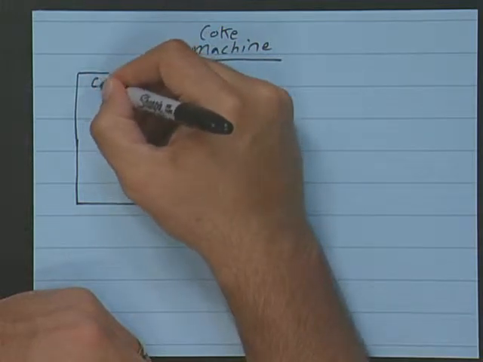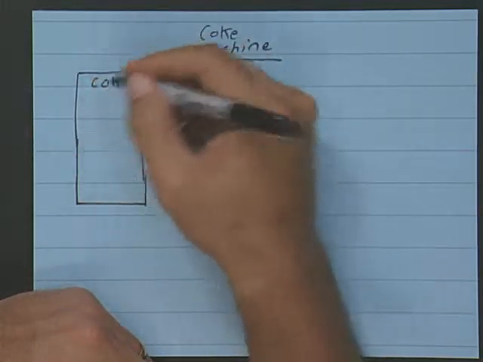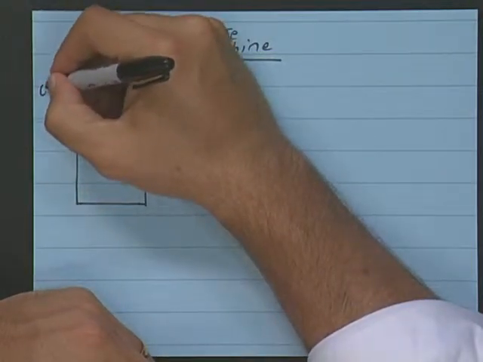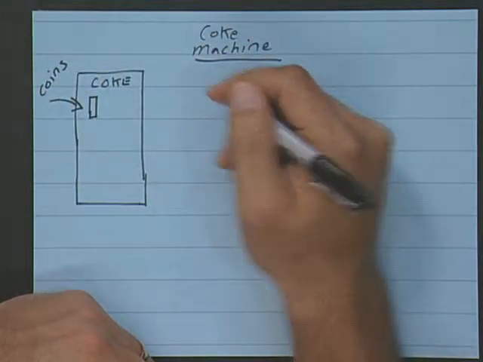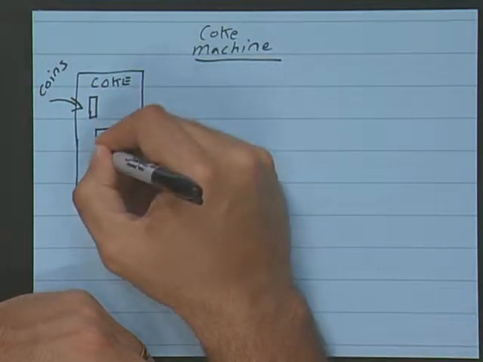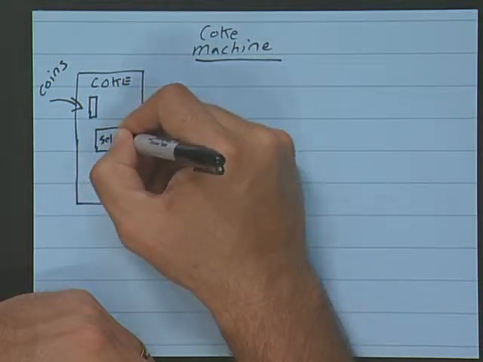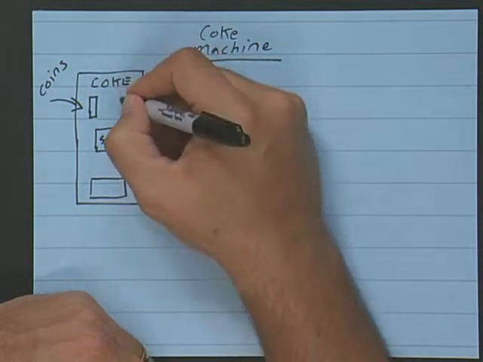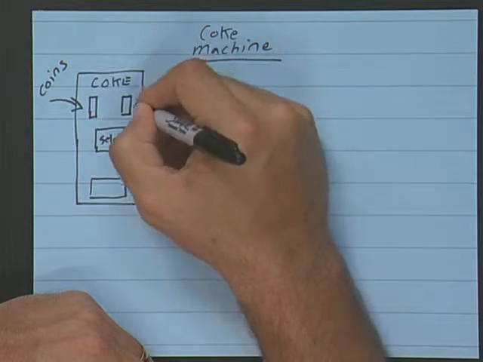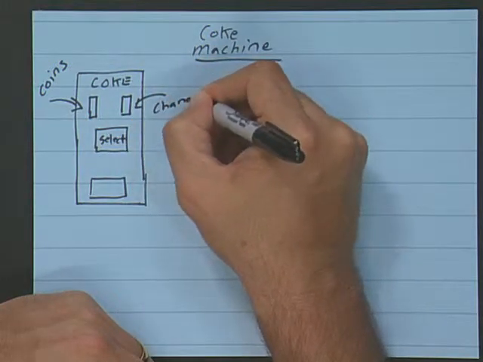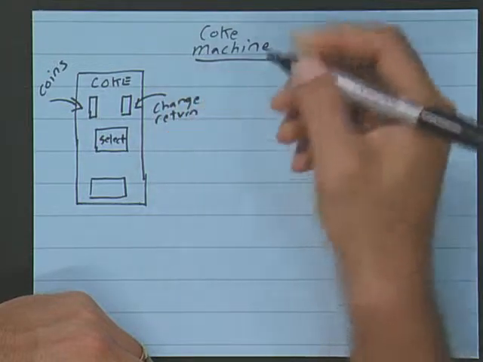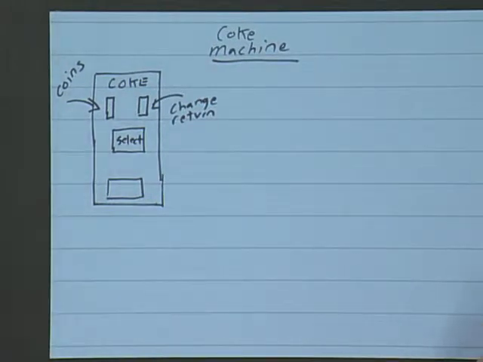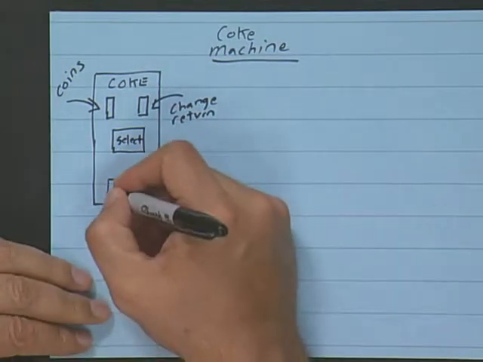There's going to be a little place to put coins. I'm going to have the select button to actually get my Coke. My Coke will drop down over here. This is the change return button that I use if I decide I don't want my Coke after I put some money in; I'm going to get my change return.